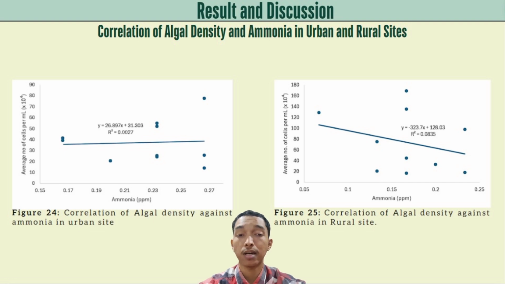Algae can utilize ammonia as a nitrogen source, which may stimulate growth under moderate concentrations, while figure 25 depicts a drastic decrease in the correlation between algae density and ammonia levels in rural environments, which means algae in rural areas typically experience lower ammonia levels due to reduced human activities and may be more sensitive to ammonia toxicity, and higher concentrations could inhibit their growth and survival.